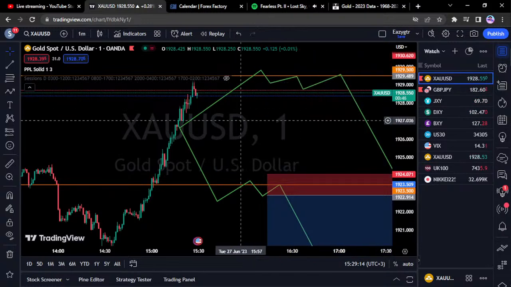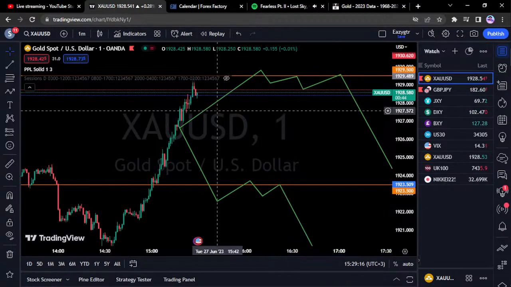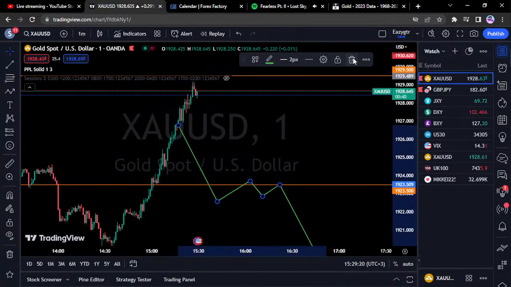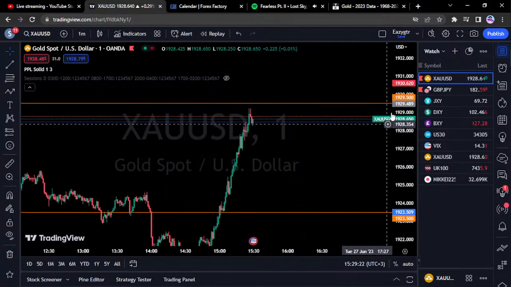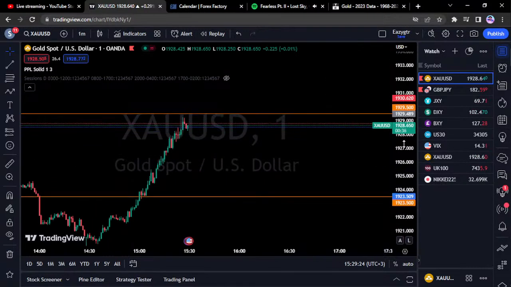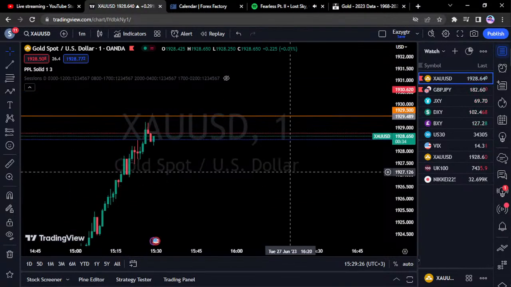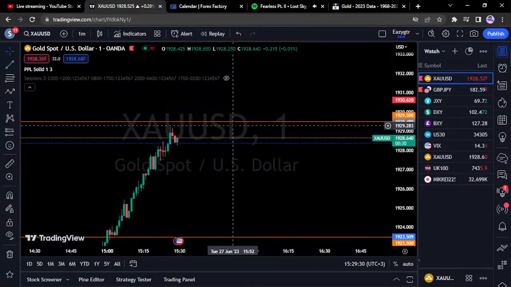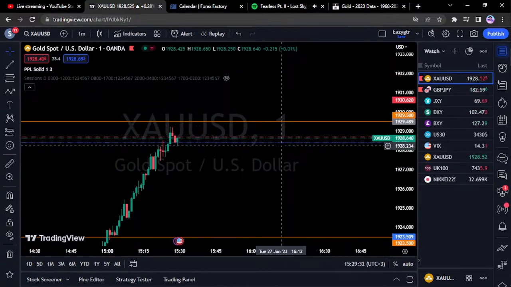Let me clear the charts so that you can carefully study the market structure. So let's see what price wants to do. In 30 seconds, we're going to have the CPI readings for Canada.